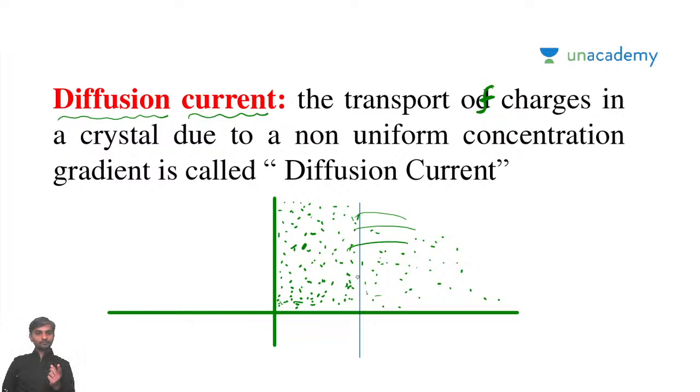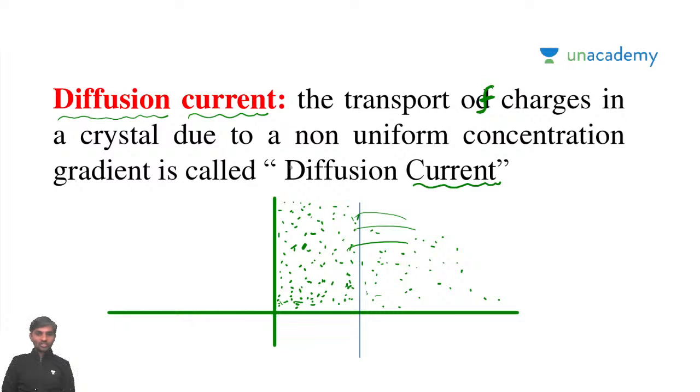So, what do you mean by current? Flow of charge carriers, flow of electrons. Current is charge per unit time, right? Whenever the charge carriers, electrons, are moving from left to right, they form a current, and that current is called diffusion current.